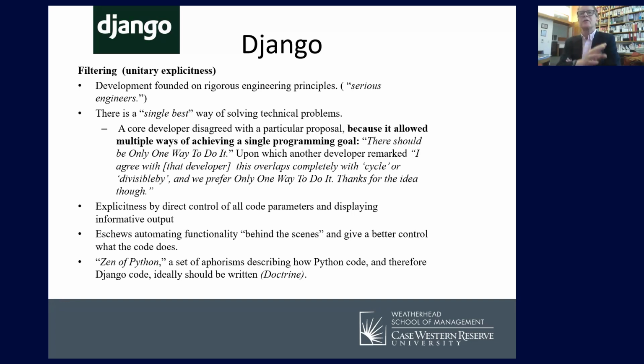It eschews automating functionality behind the scenes and gives better control of what the code does. If you go to their site, this is the doctrine. There's a well-known memo called the Zen of Python, which is a set of aphorisms describing how to write Python code, and therefore Django code needs to follow that, and that decides how it ideally should be written.